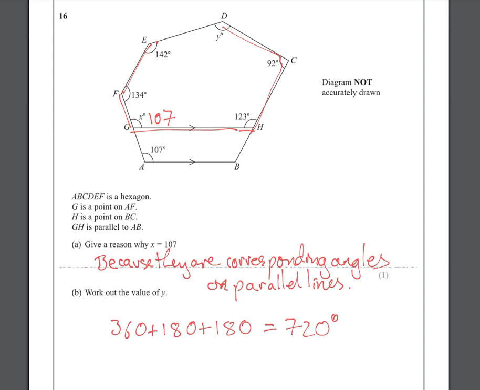So to get y, I do 720 minus all the other bits. So that's 107 minus 134, and minus 142 minus 92 minus 123, and I get 122 degrees.